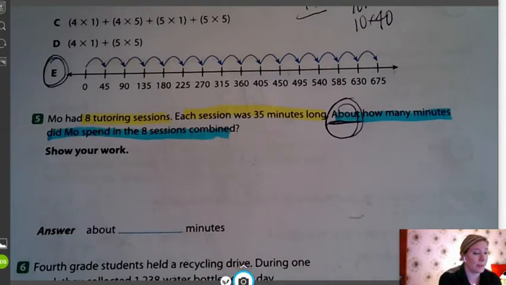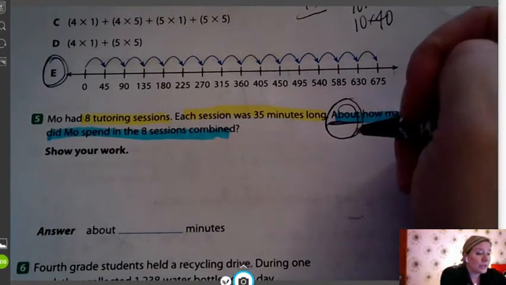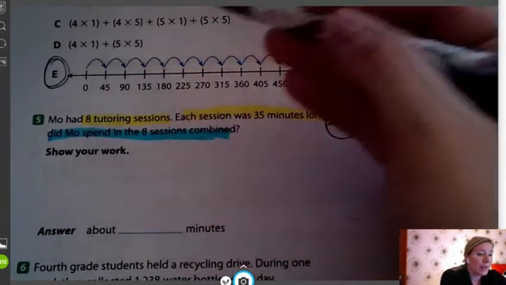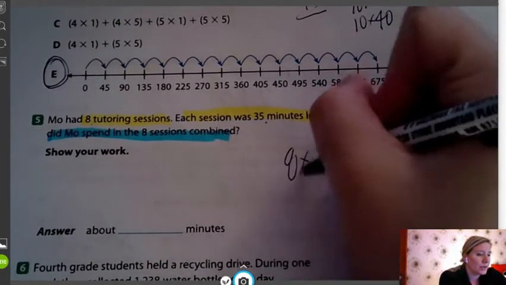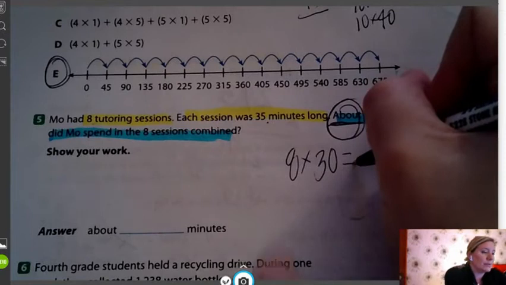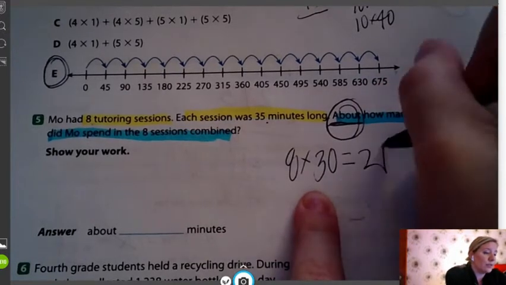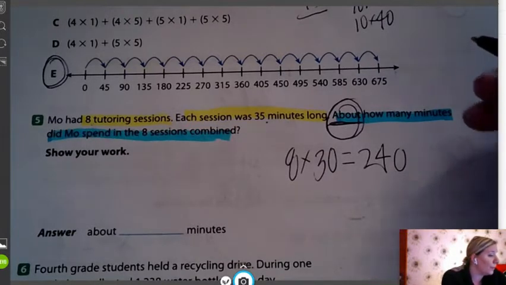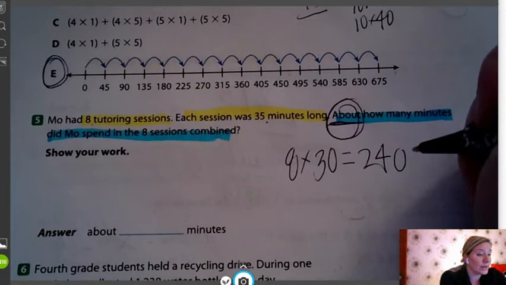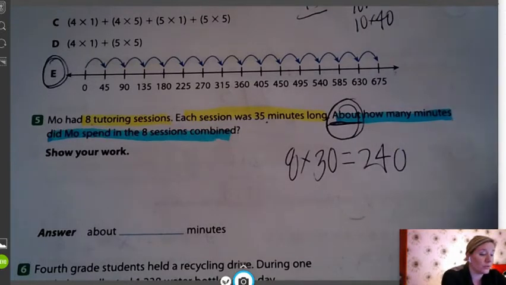They want an estimate. So I'm going to round, keep 8 as 8. I'm going to round 35 to 30. So if I do 8 times 30, 8 times 3 is 24, and I have a 0. That's one option. You could also look at it as, well, there's actually quite a few different things.